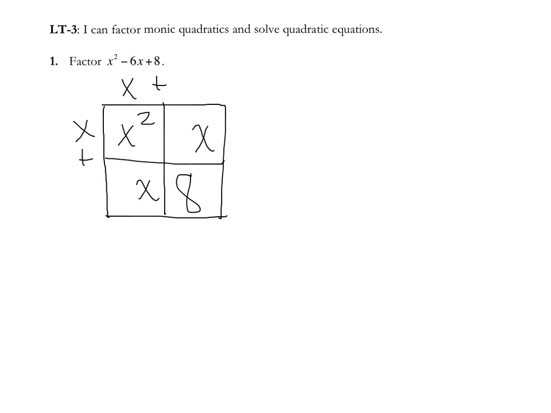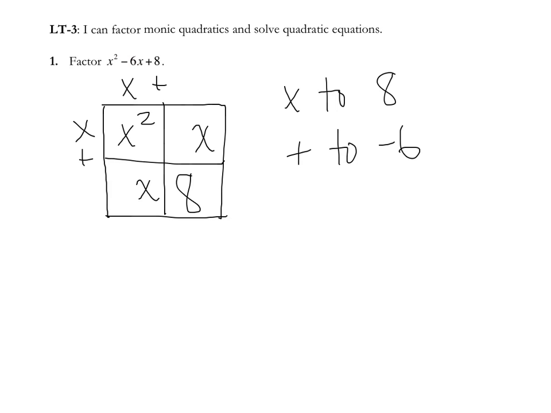With monic quadratics, we look for two numbers that multiply to make positive 8, which is the last constant term, and add to make negative 6, which is the middle coefficient.